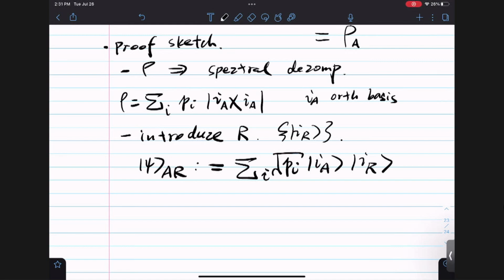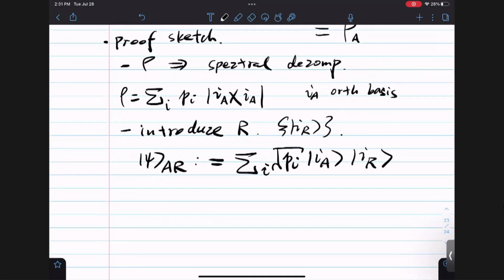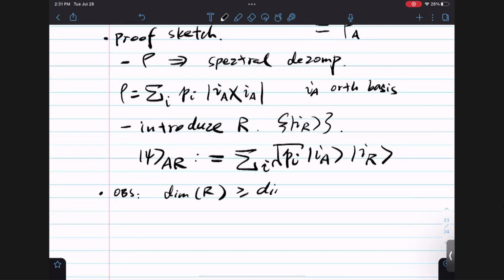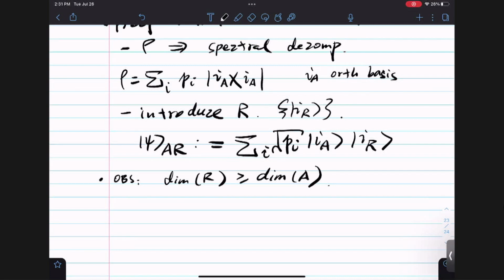Okay, so from here, one observation is that the dimension of this reference system has to be at least as large as the dimension of the original system. Okay, and also when we cook up this pure state, it actually doesn't really matter what, let me put it in another way.